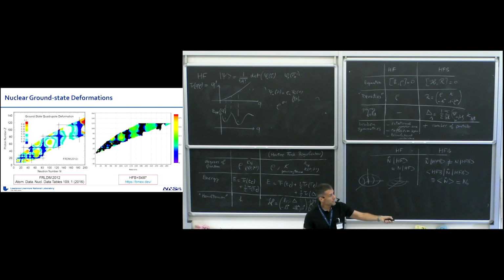As a comparison, here is a mean field, well, I'm getting tired, an HFB calculation with a particular parametrization of the Skyrme potential. There are plenty of others on the market. This is the one I took from this website. It shows, I believe, the same quantity, namely the ground state quadrupole deformation across the nuclear chart.